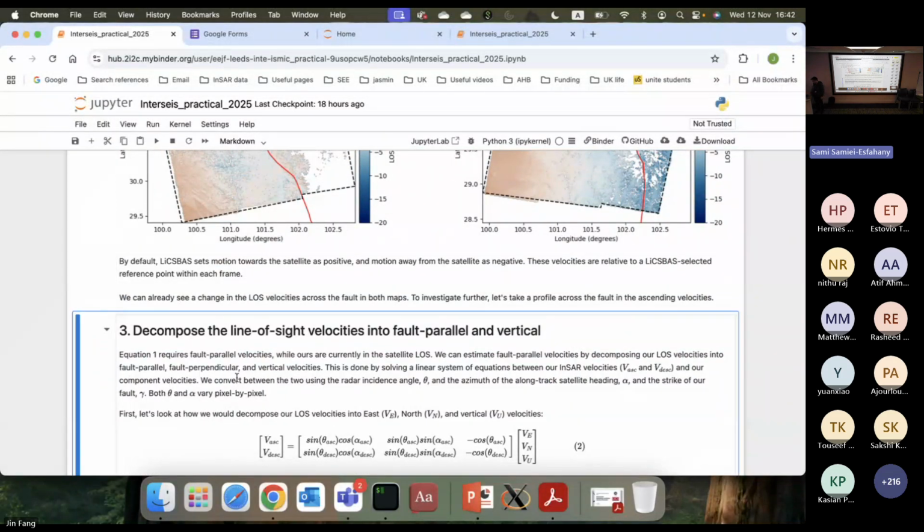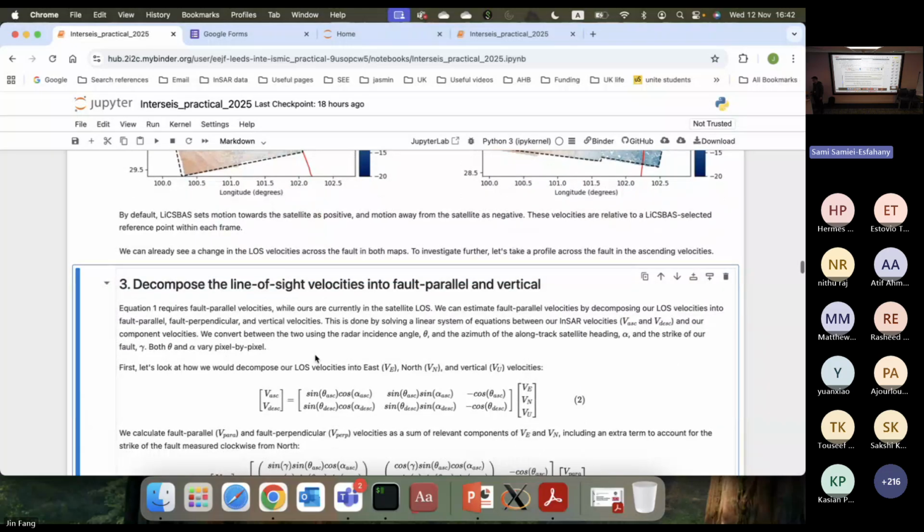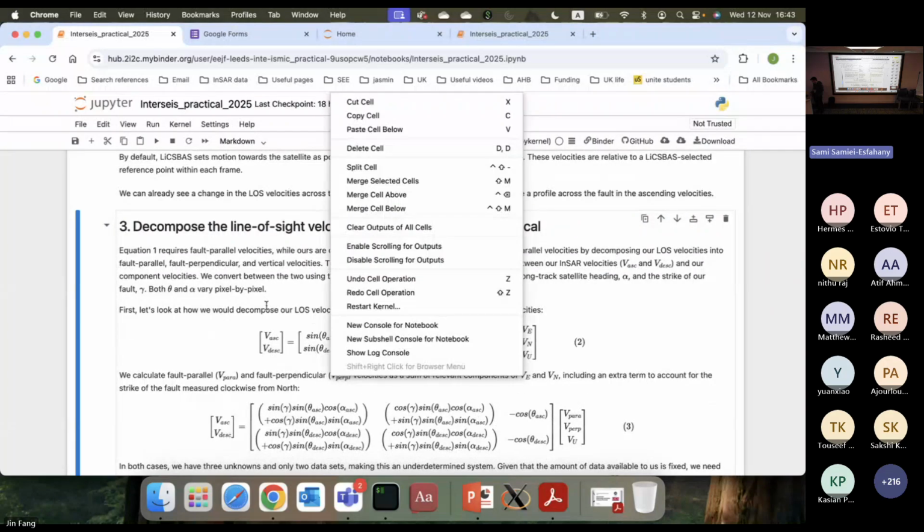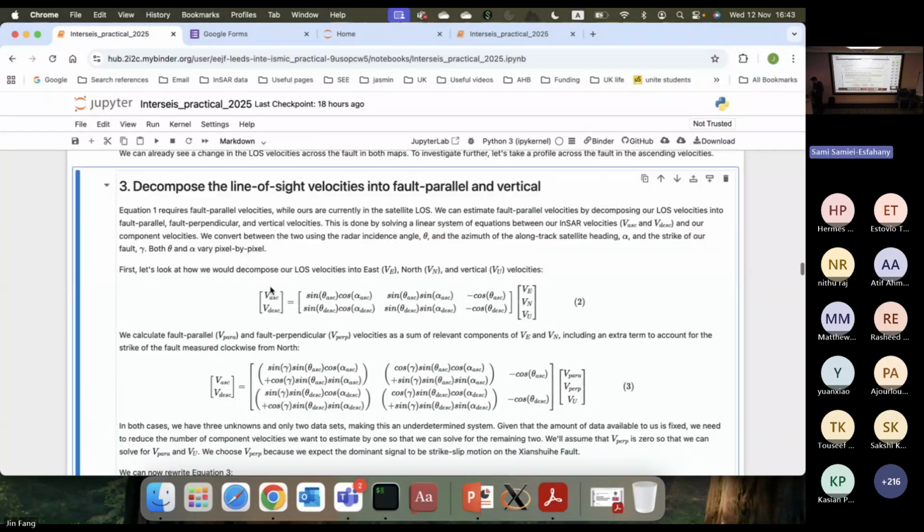But remember, what we want is fault parallel velocities, but ours are currently in the satellite line of sight. To get what we need, we'll need to decompose our line of sight velocities into three components: fault parallel, fault perpendicular, and vertical velocities. The challenge here is that we've got three unknowns, but only two data sets, one ascending and one descending.